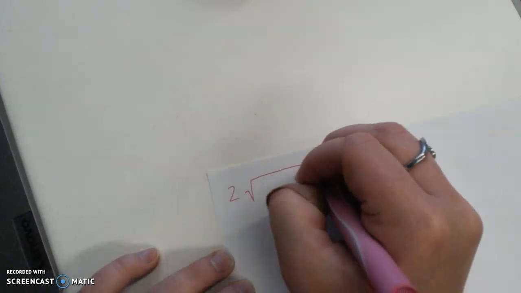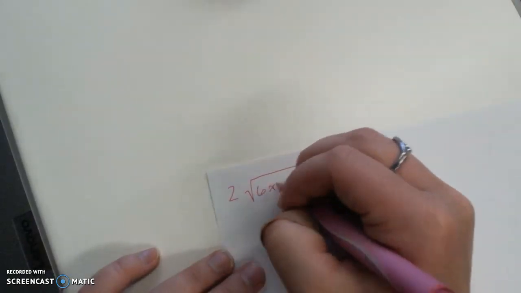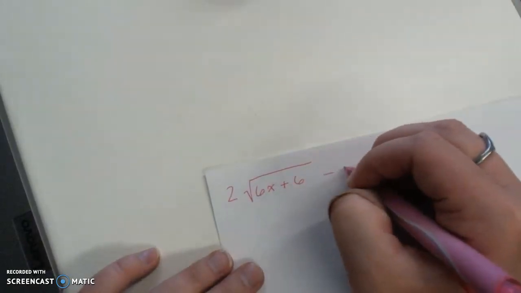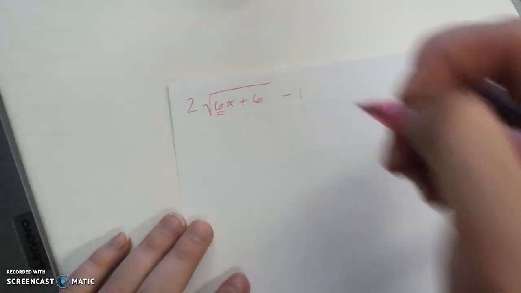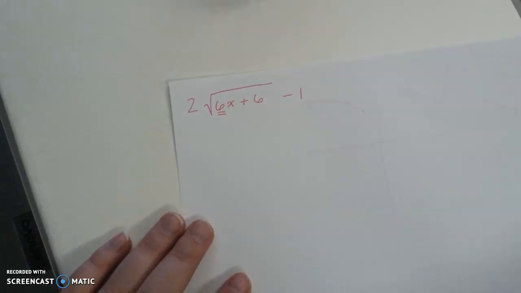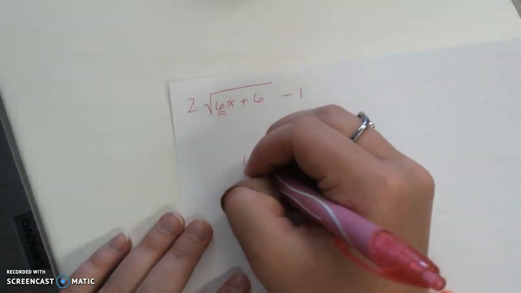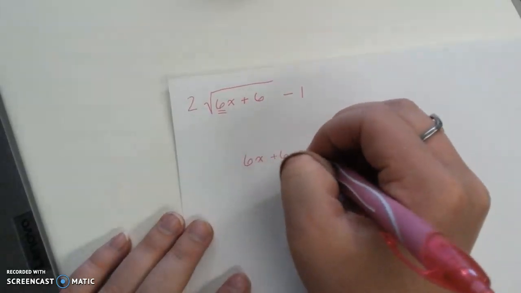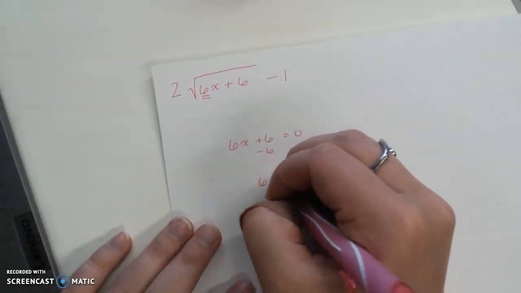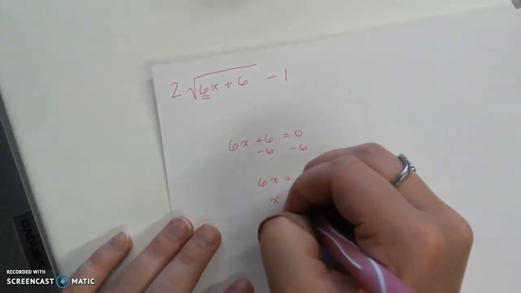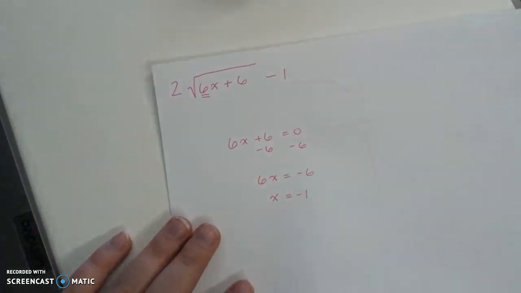I'll give you one more example. Alright, we look and we see that we have a number in front of our x. So we're going to set everything inside of our square root equal to 0. I subtract my 6. I divide by 6, and I get that my x value is now -1.